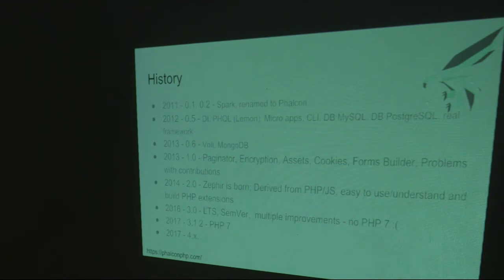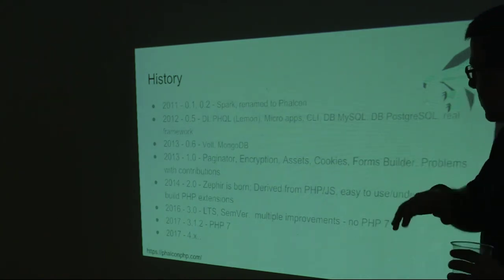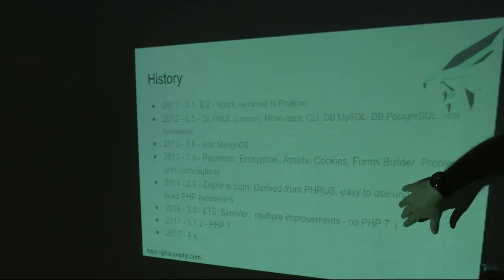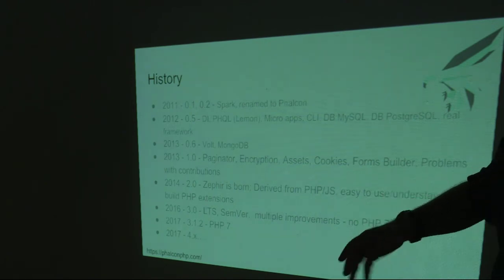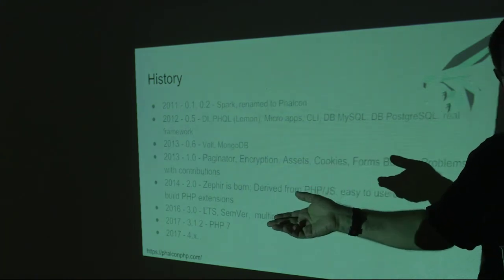So the problem with version 3 is that we did not have PHP 7. And that was because Zephyr had some bugs that we had to build in. Now bear in mind, with version 3 before PHP 7, all you had to do is just say, okay, well, this particular phrase, change it to this particular C expression.